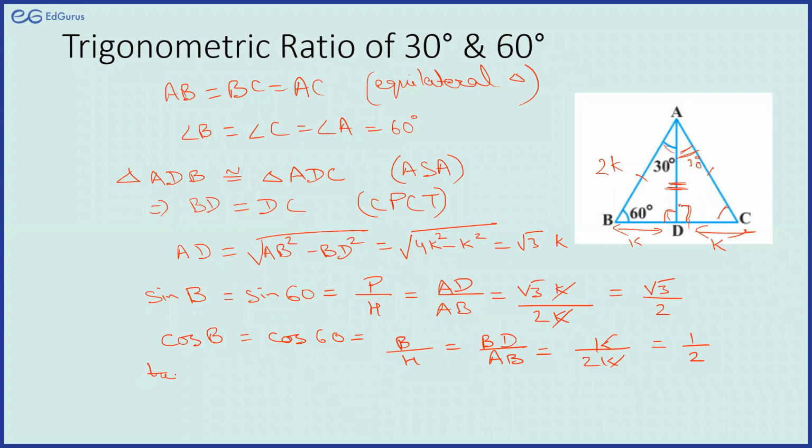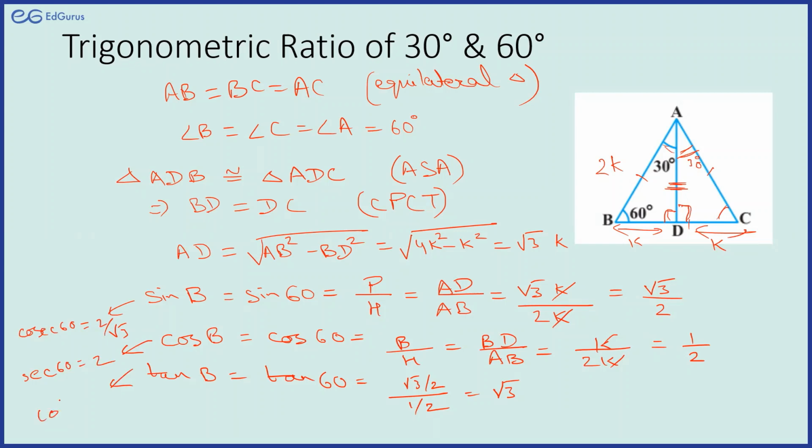And tan B will be sin B upon cos B. So tan 60 is equal to root 3 by 2 divided by 1 by 2, which is equal to root 3. Cosec 60 will be 2 by root 3. Sec 60 will be 2. Cot 60 will be 1 by root 3.